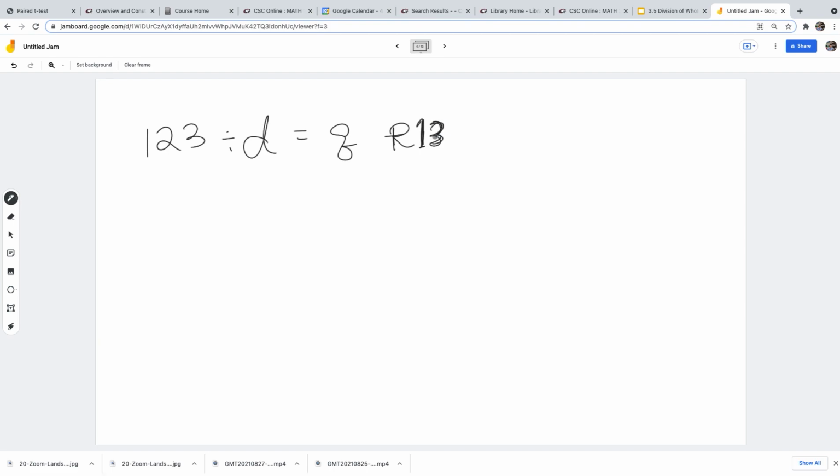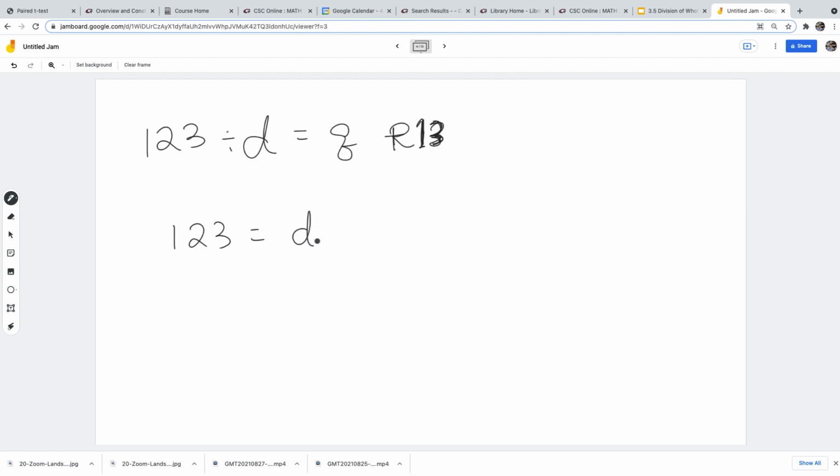We already know how we can use these numbers. We know the relationship from the division algorithm: 123, the dividend, is what you get when you multiply the divisor and the quotient together and add the remainder.